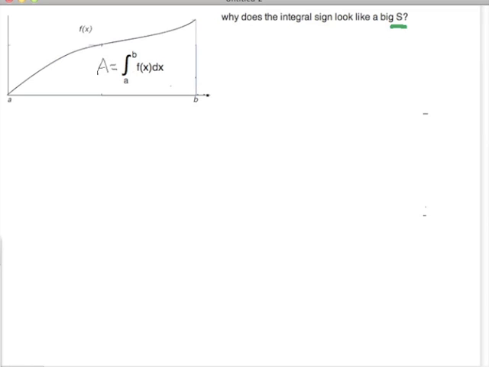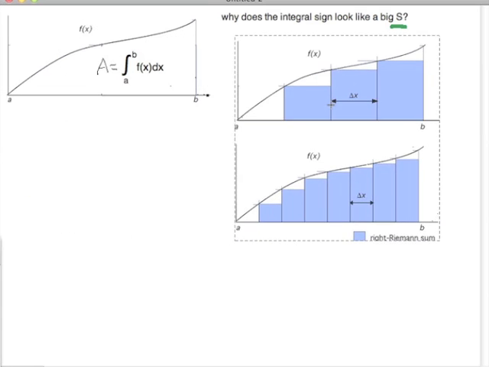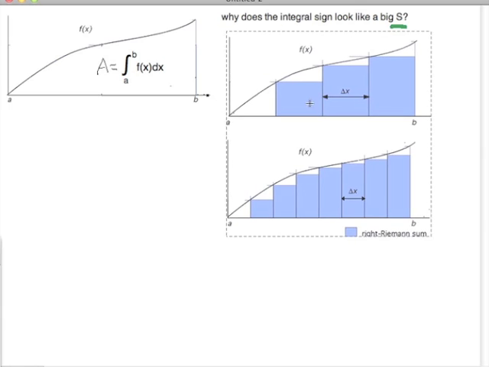Stepping back, we might remember a picture like this. To approximate the area under a curve, we could use these rectangles. And this is using Riemann sums to find the area underneath a curve.